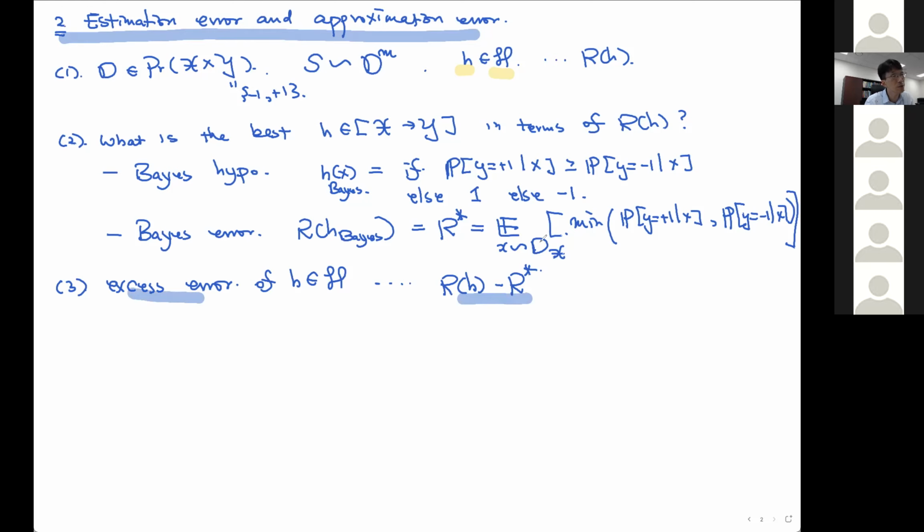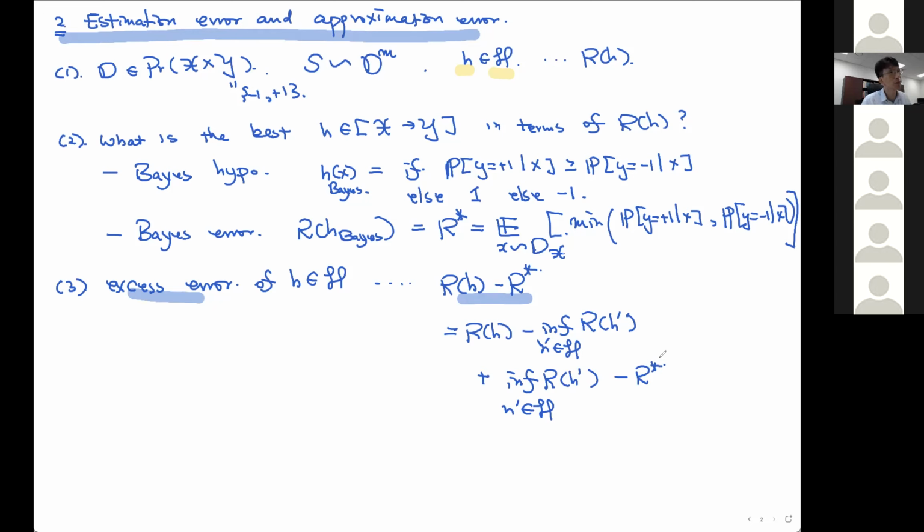But this excess error can be decomposed into two parts. R of h minus R star can be written as R of h minus the infimum over h prime of R of h prime, plus the infimum over h prime of R of h prime minus R star.